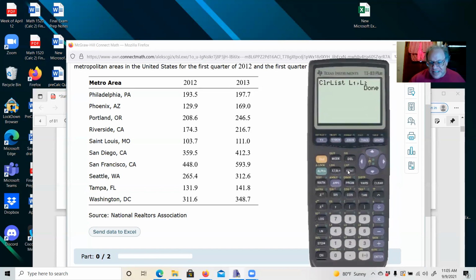So let's go and hit stat. Now I'm going to use my keyboard to do this. It's going to go a little bit faster, but I just need to get these numbers in.